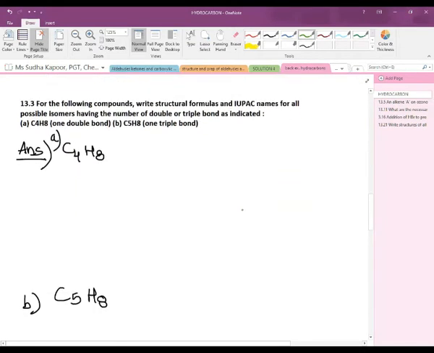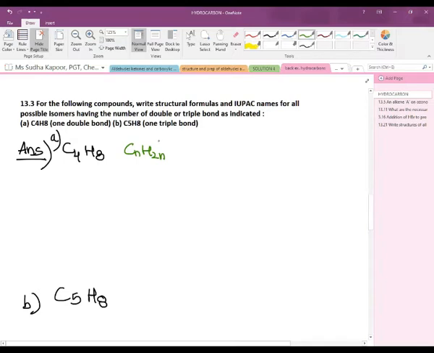Now in the question number 3, we have to give the structural formulas and IUPAC name for all the possible isomers having the number of double or triple bond as indicated. So when we talk about C4H8, it is having the general formula CnH2n, which is either of alkene or the cycloalkanes.